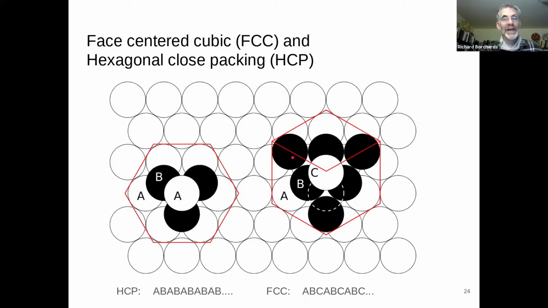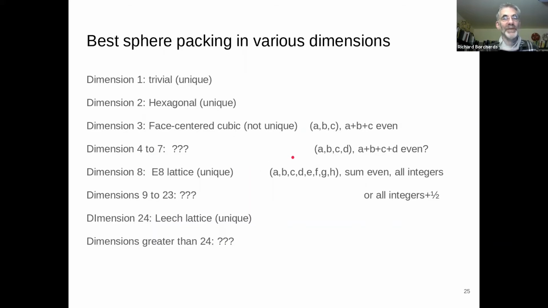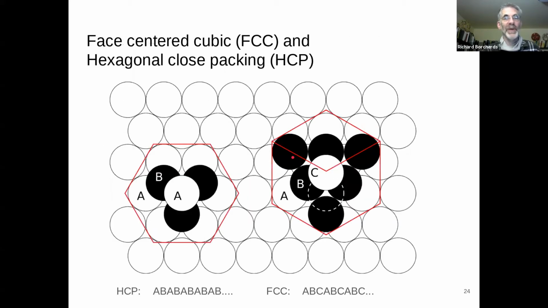And then it turns out there are 2 ways to put a third layer of spheres. You can put the third layer so they're either above the first layer, like this one here. And if you do that, you get hexagonal close packing. And if you put them so they're different from the layer that's 2 below, you get a face-centered cubic.